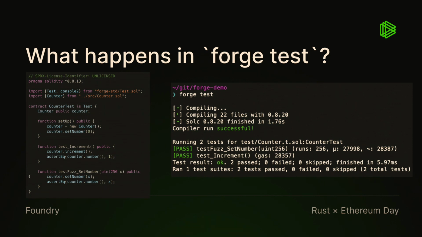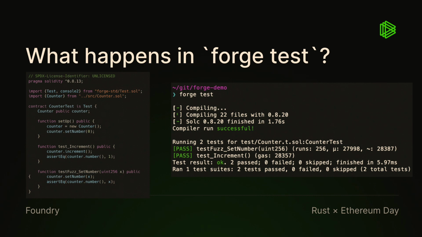And you have a bunch of test functions, which is where you write your tests, and you have a bunch of assert functions that you can then use to test your contract calls. And what you see when you run forge test is that first everything is compiled, then we run all the test functions, and they either pass or fail.